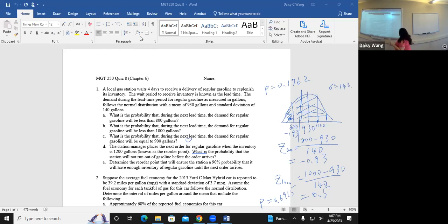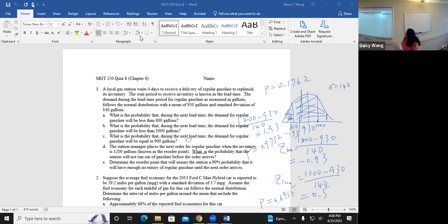So 1,200 minus 930 divided by 140, that's the Z. The Z is 1.93, and P for that will be 0.9732. So that will be the probability we will not run out of gasoline.